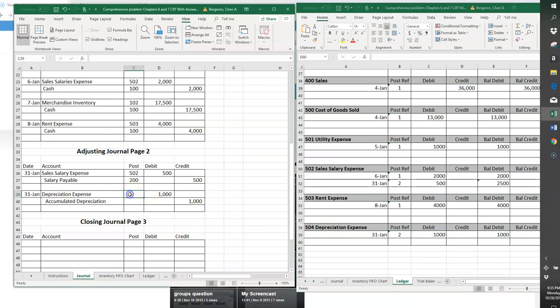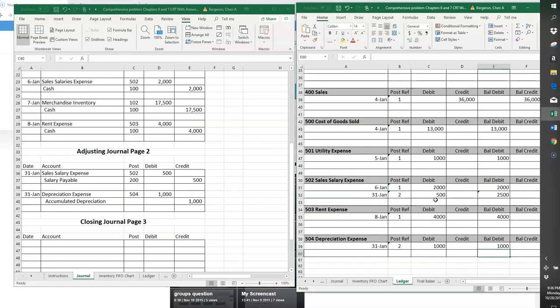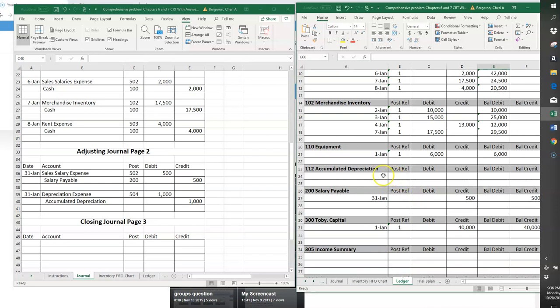That went to account number 504. All right, accumulated depreciation. It's contra asset, so it's up here with the assets. On January 31st, from page 2, I credited it for $1,000, so the balance is $1,000. So that went to account number 112.